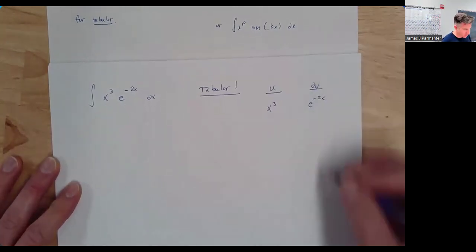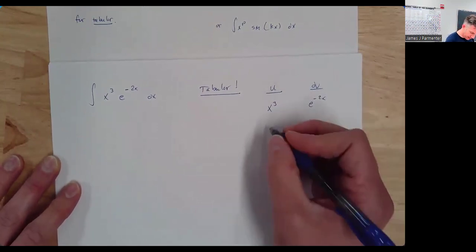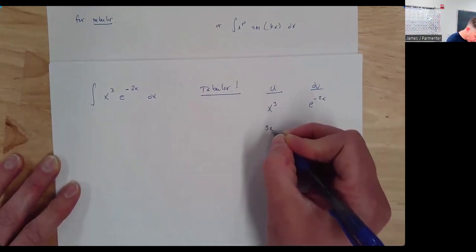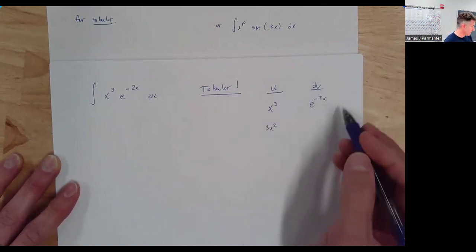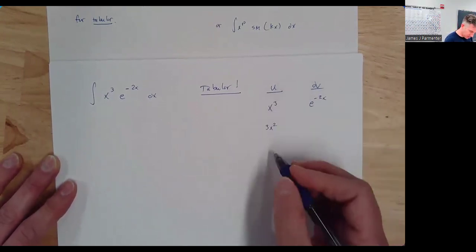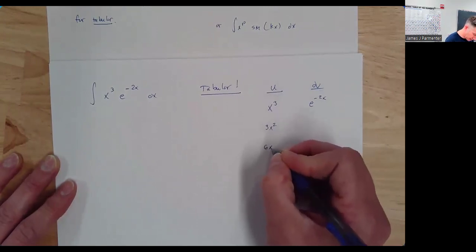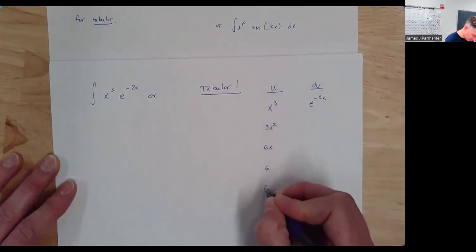Differentiate u, anti-differentiate dv. So find all your derivatives of u. I try to give myself some vertical space here because sometimes the antiderivatives take a little bit more space. So my derivatives are 3x squared, and then 6x, and then 6, and then 0.